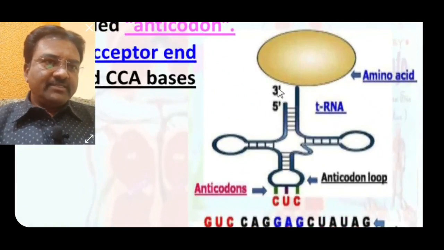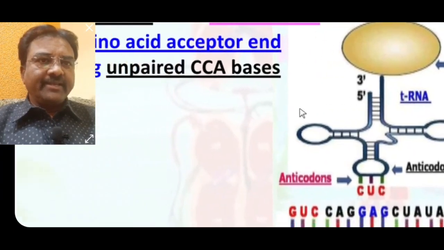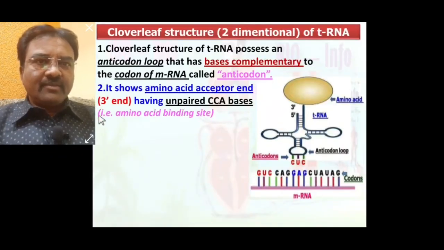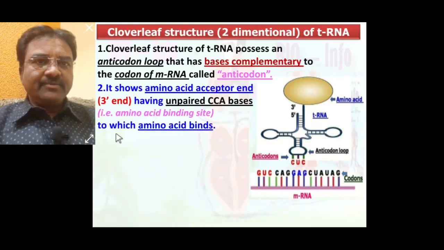This 3' end with CCA bases is the amino acid binding site of the clover leaf model of tRNA, to which the amino acid binds.